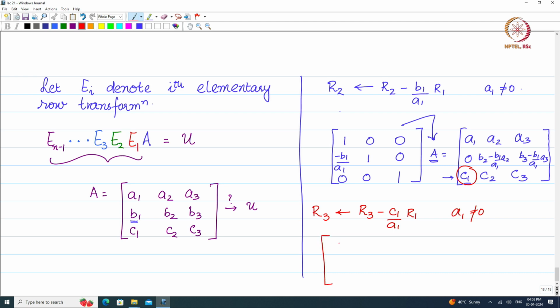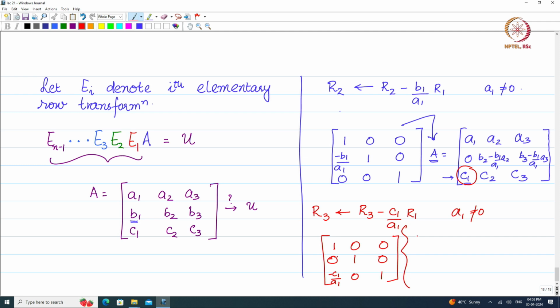So, what do I get? I will do 1 minus 1, this is going to be 0, 1 0 0, the first row is the same, the second row is going to retain as such, the third row is going to be minus C1 by A1 0 1, this is R3 minus C1 by A1 into R1.